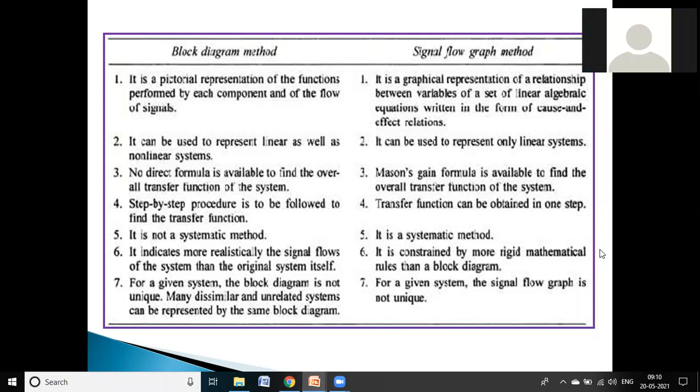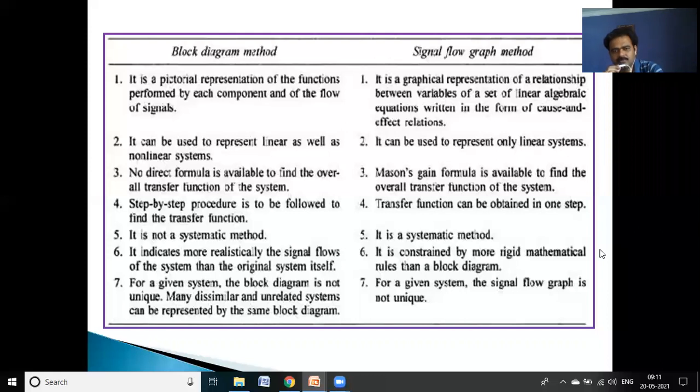But there is no particular procedure to get the overall transfer function. Initially we can eliminate all the feedback loops, later we can join all the blocks, later we can eliminate parallel paths. Like that we can follow any of the steps to get the overall transfer function.